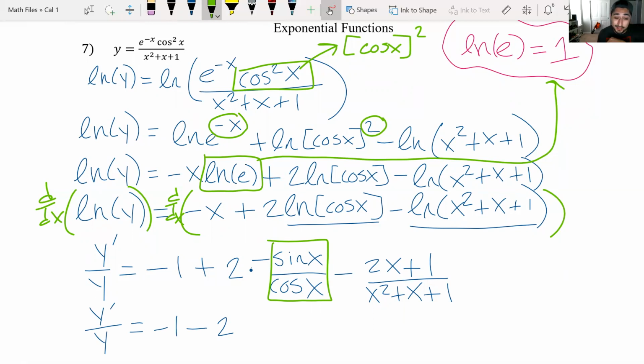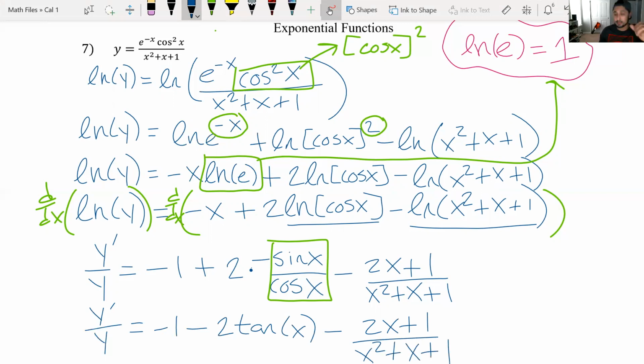Tangent. That is correct. Okay. So you get -2 tangent x minus 2x plus 1 over x squared plus x plus 1.